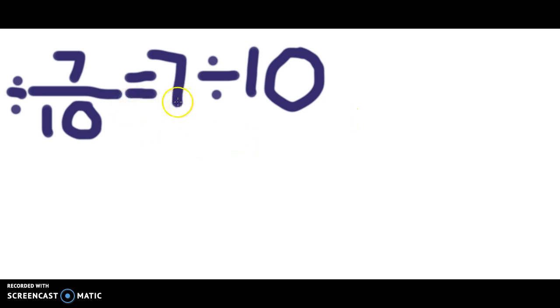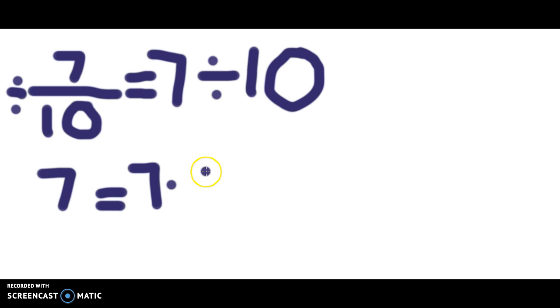Now, if somebody has learnt this, then they would know that 7 is actually equal to 7.0. But in maths, we would never write 7.0, we would just write 7. But 7.0 and 7 are still the same number, they're just written differently.